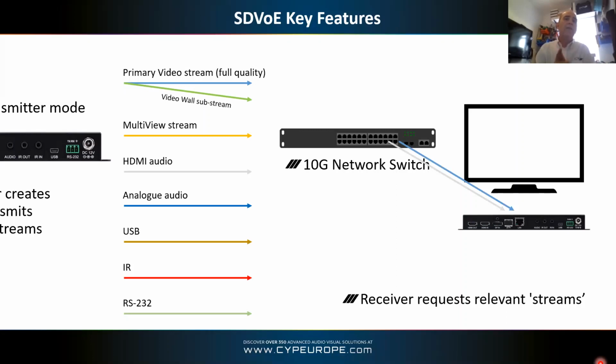Even if you're not using it for control, because the SDV CS8 is running a virtual server within it, which is the thing that's doing the communication and sorting out everything on the 10 gig switch for you. So you must have that in your system.